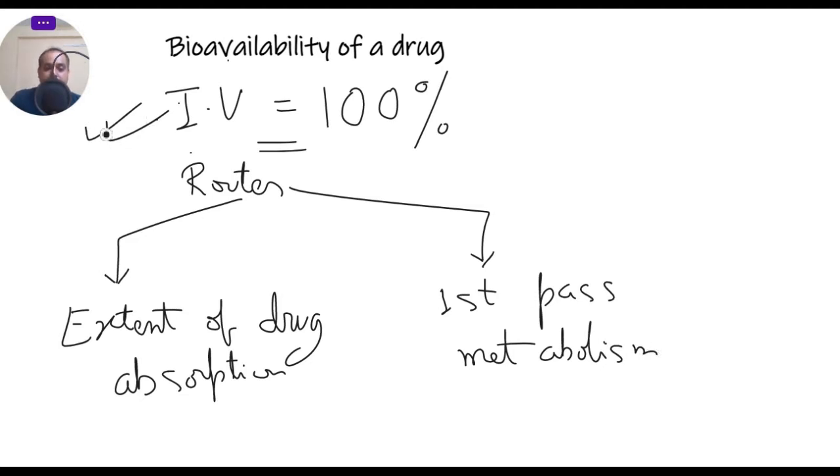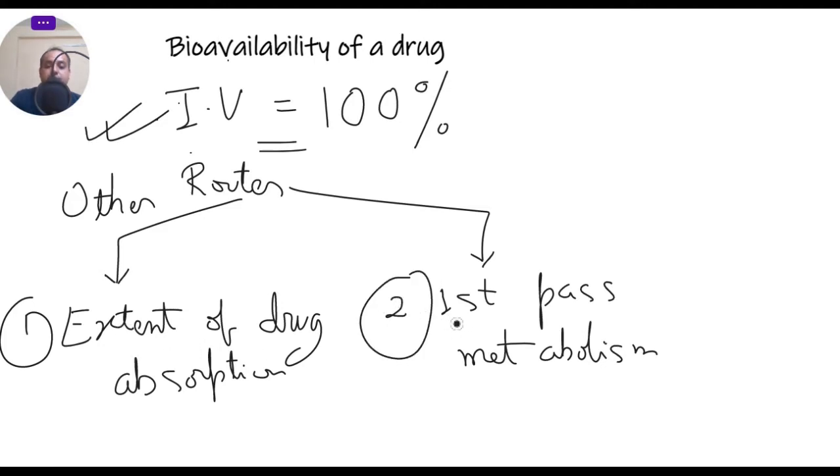So whenever we are giving a drug by IV route, the bioavailability comes out to be 100%. But in case of other routes, it may not be 100%. There are basically two reasons for that. Number one is the extent of drug absorption, and number two is the first pass metabolism, right?